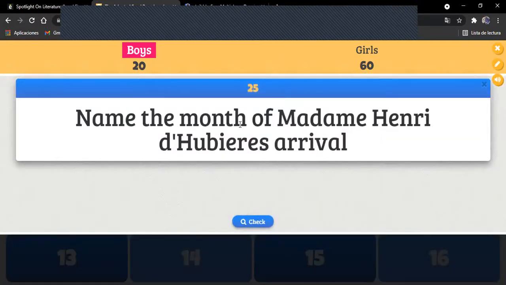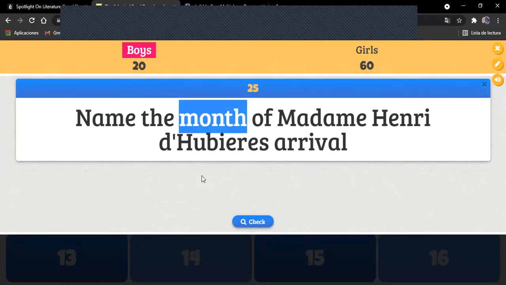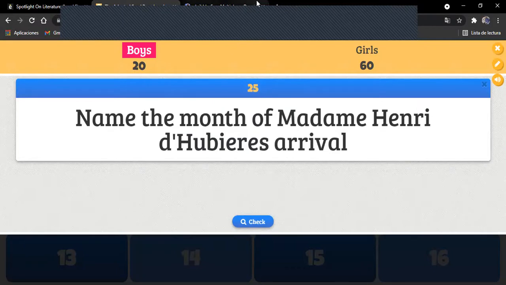Name the month of the year. Now I'm going to read very slowly. Name the month of Madame Henri Joubier's arrival. When did she arrive? What is the month? Is it May? Is it February? Is it October? December? Or August? Like this month?